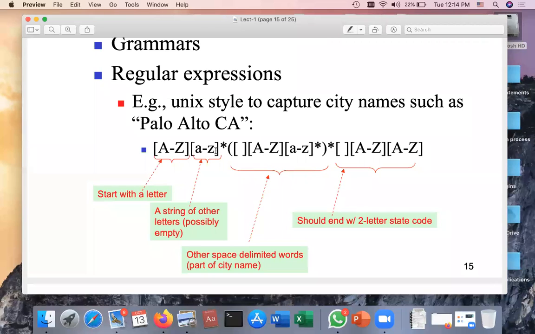So ALO can be produced because ALO is a possible string in this regular expression. So a string of other letters, possibly empty due to this star. Epsilon is also a string, zero and more. So ALO can be produced from this part.